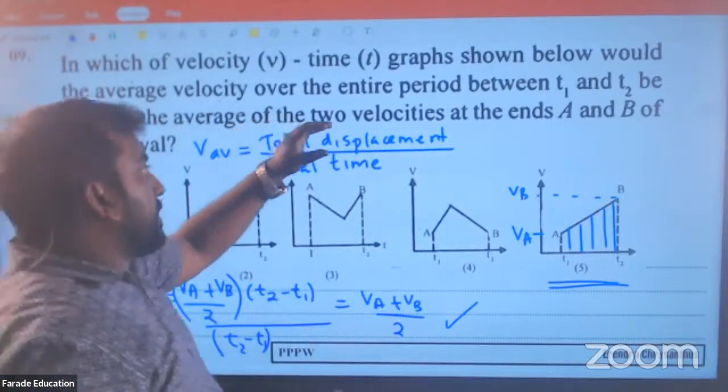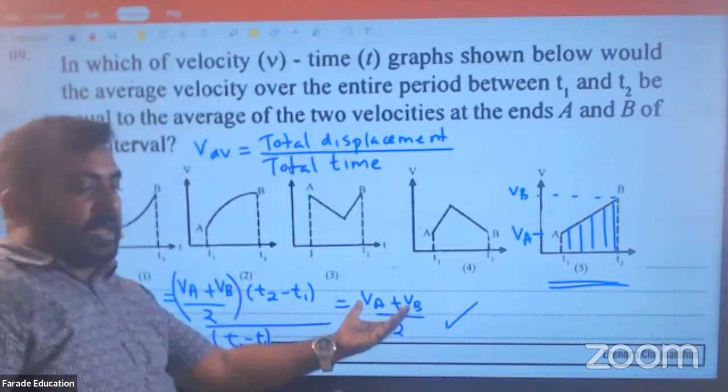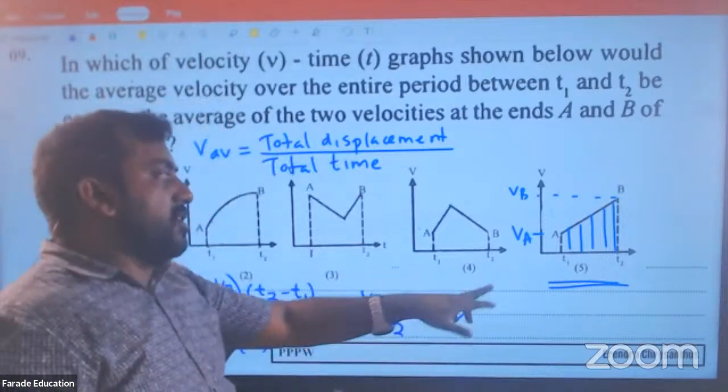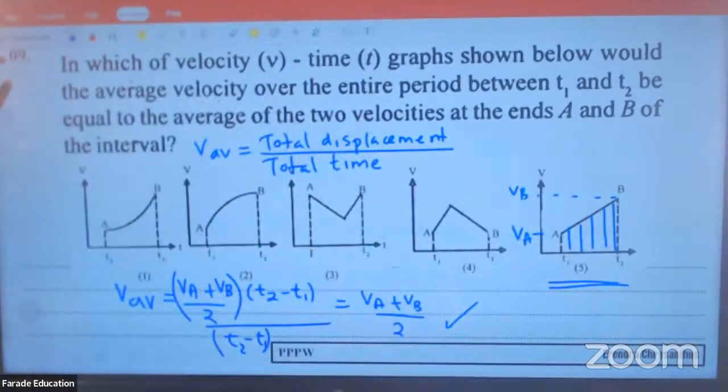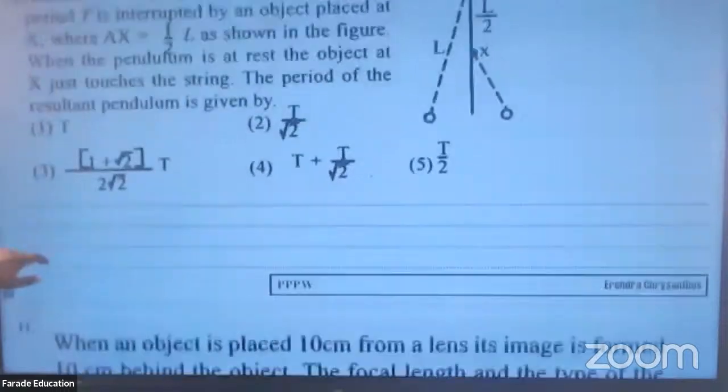So total displacement over total time will give you this particular answer directly, which is the average of both the velocities at the ends. So correct answer is answer number 1.